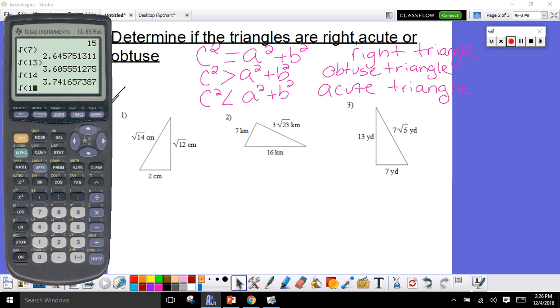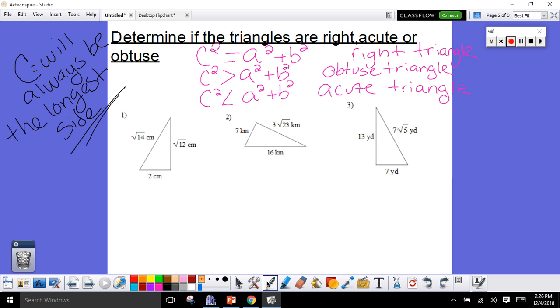The square root of 12 is going to give me 3.46. That means that the biggest side is the square root of 14. That makes square root of 14 my C. That makes this my A, this the B.